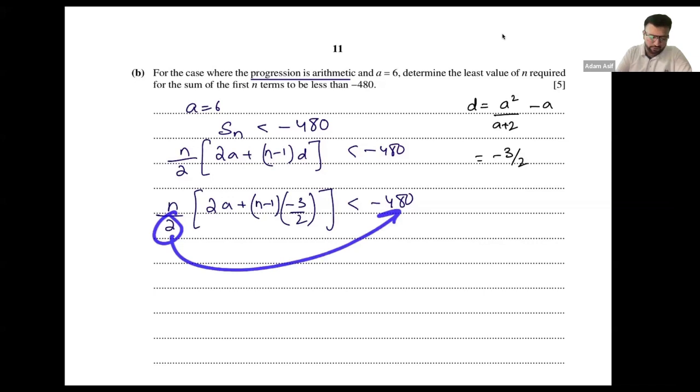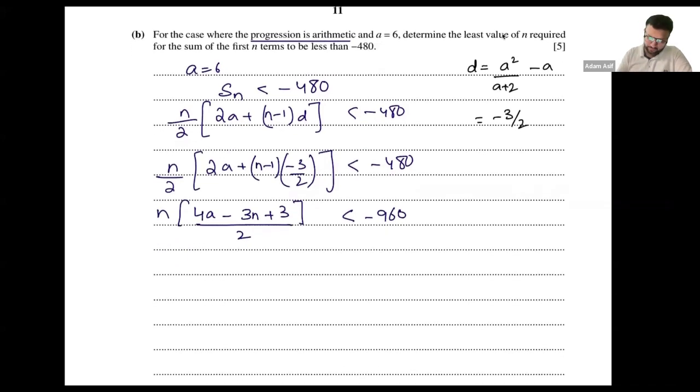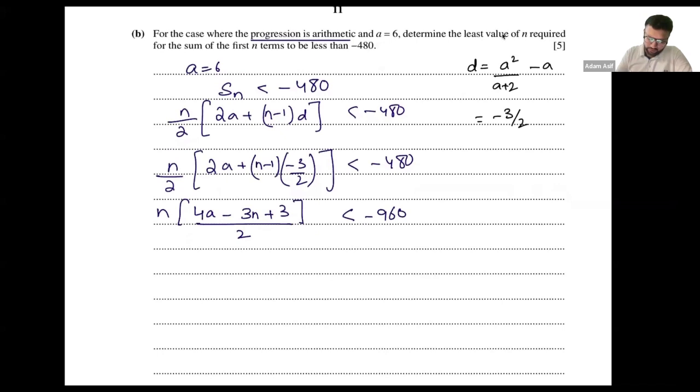Multiplying 2 with minus 480 will give us minus 960. This is going to be 4a plus minus 3n plus 3, divided by 2 times n, which will give us 4an minus 3n squared plus 3n less than minus 960 times 2, which will be minus 1920.